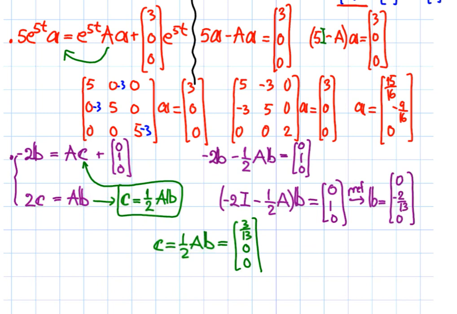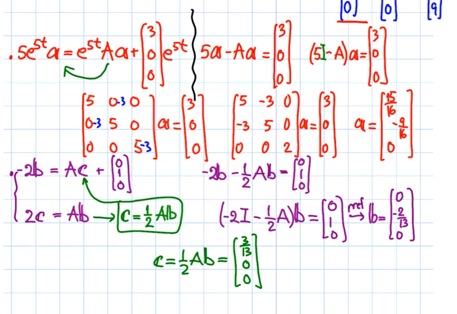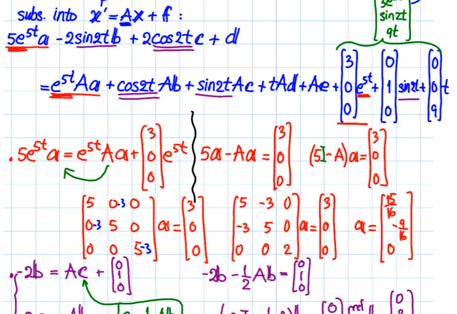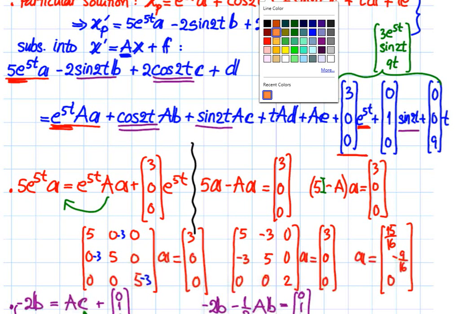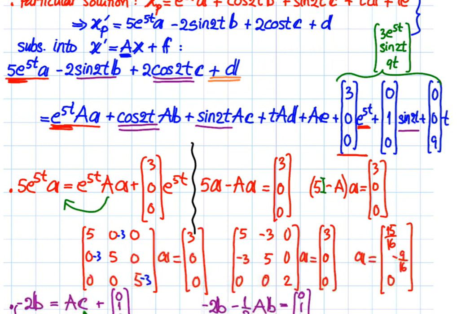And then next, let's match the constant. Now we have D on this side, and that's a constant. On the right hand side, we have AE.